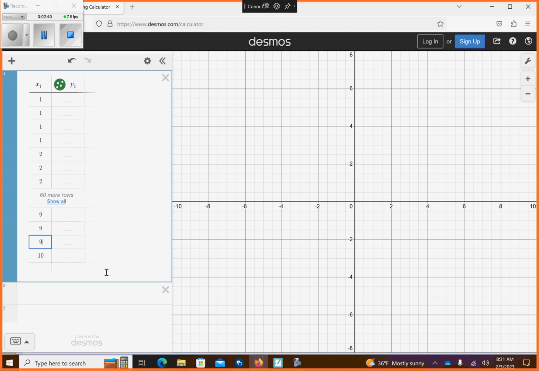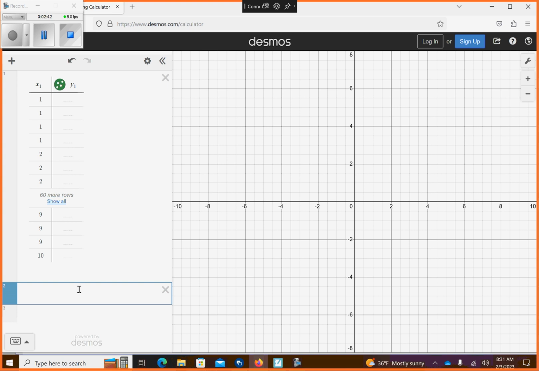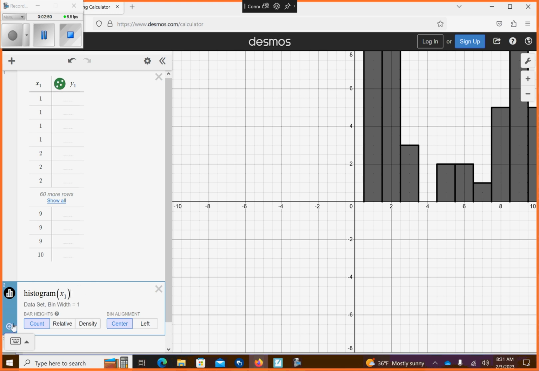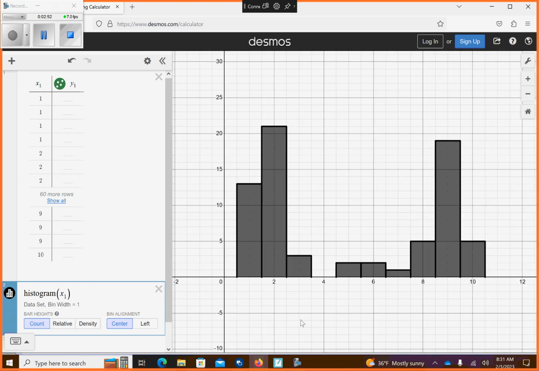So let's say I have my data and a histogram of X1. All right. So this is fictitious data of a 10-point quiz that I've given my entire career.